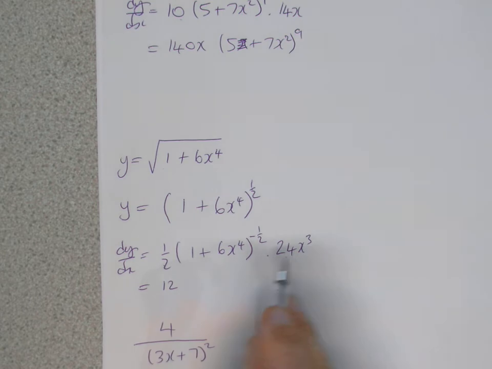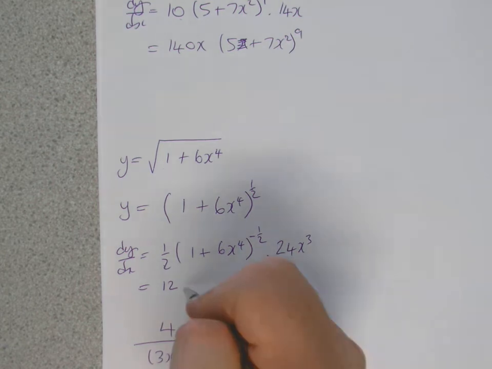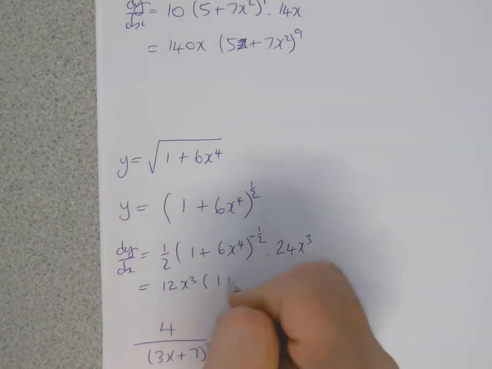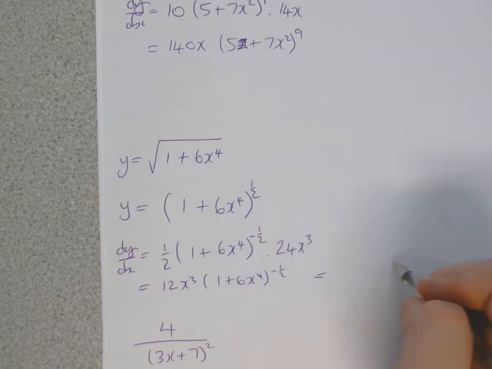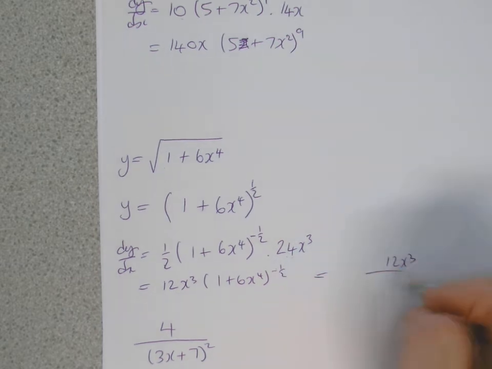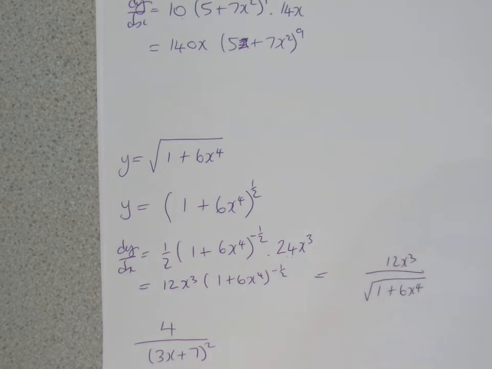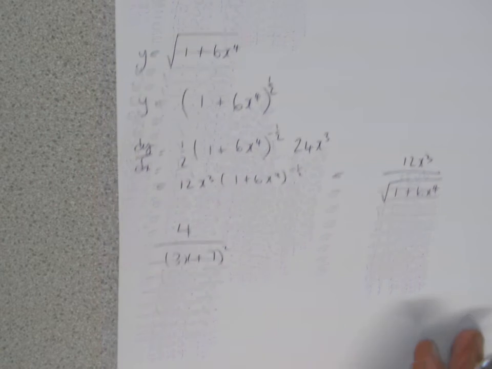Yeah? Half times 24 is 12. 12x cubed, put the x cubed to the front as well, and you get that. And what I would do as well is write that as 12x cubed. And because that's a minus a half, I take it down and put it plus half. And of course, with a plus half, it's just the square root, isn't it? Okay? So much nicer answer, simplified as best as you can.